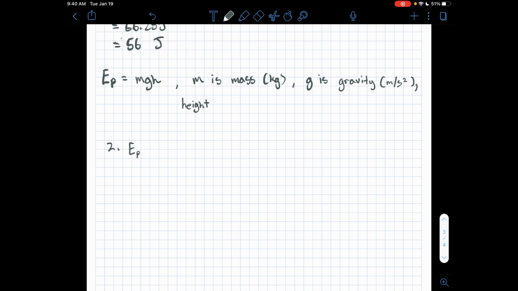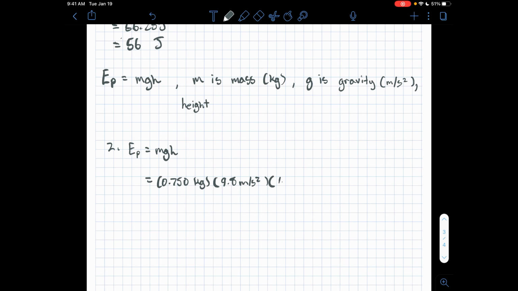All right, so the equation that we'd have to use is what I just mentioned. EP is equal to mgh. We have the mass of the ball, which is 0.750 kilograms, multiplied by the acceleration of gravity, 9.8 meters per second squared.